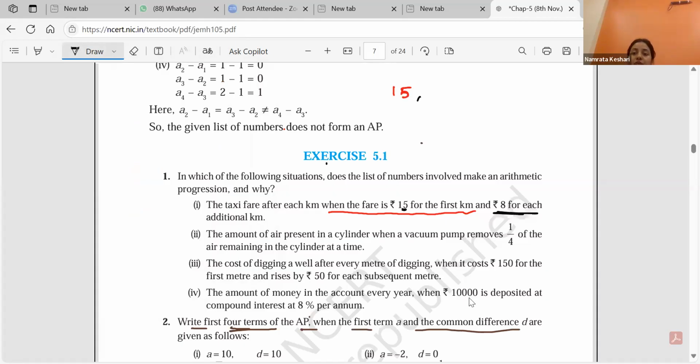And rupees 8 for each additional kilometer. That means for the first kilometer this much, and for the second kilometer it will be 8 added to this one. Yes or no?